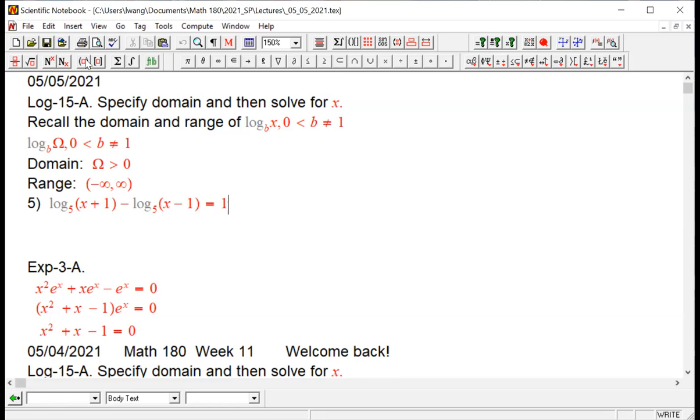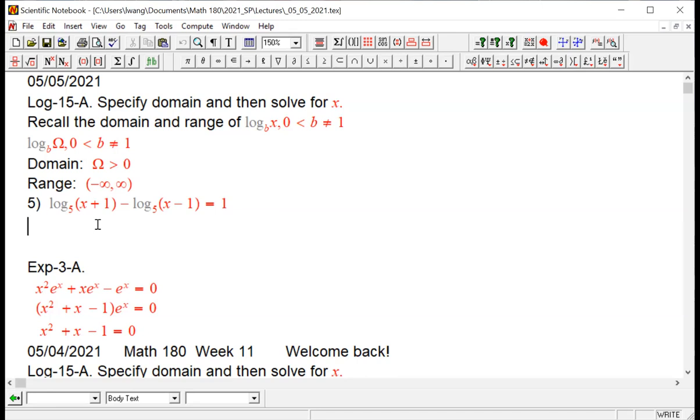Okay, so how do we solve this kind of equation? All right. So in this case, we need to combine them into one logarithm, because only when we have one logarithm could we apply the definition.